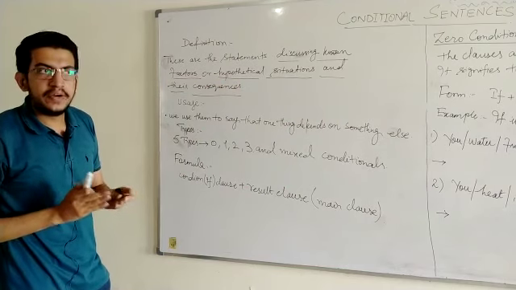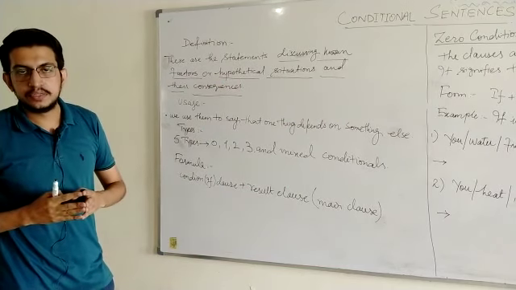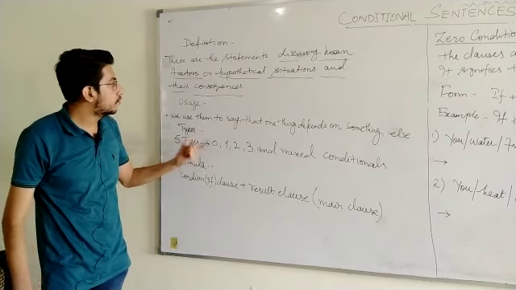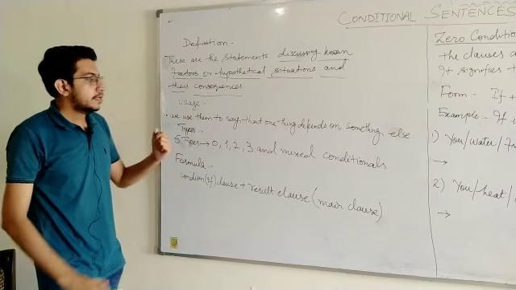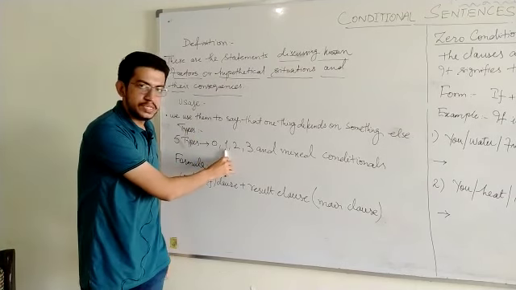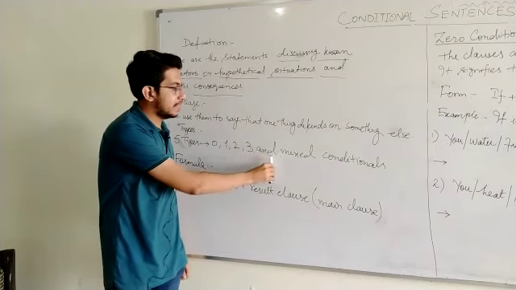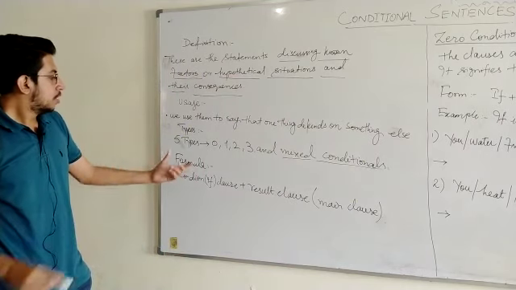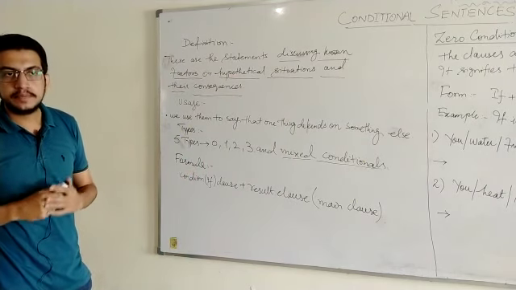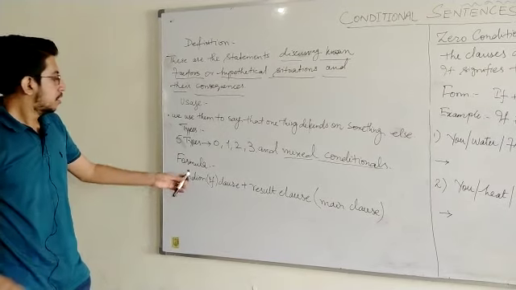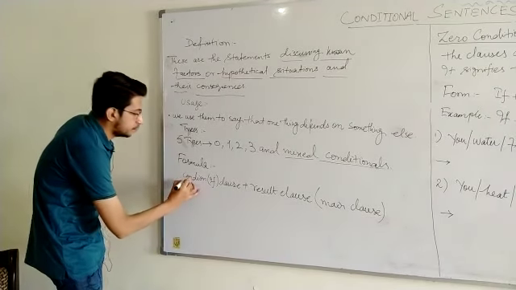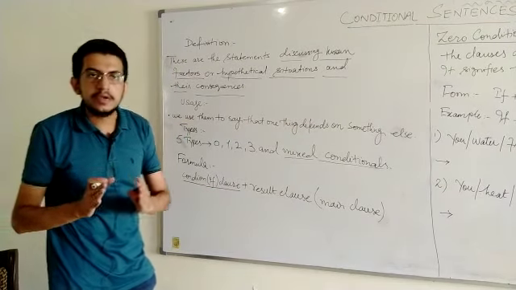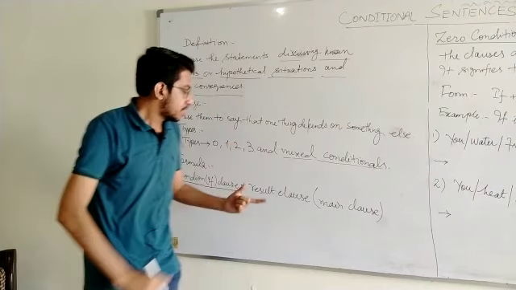If I talk about the types of conditional sentences, there are five general types. The first is zero, then first, then second and third, and the last one is the mixed condition. Now the formula: how do we form the conditional sentence? We use clauses, so there are two parts.